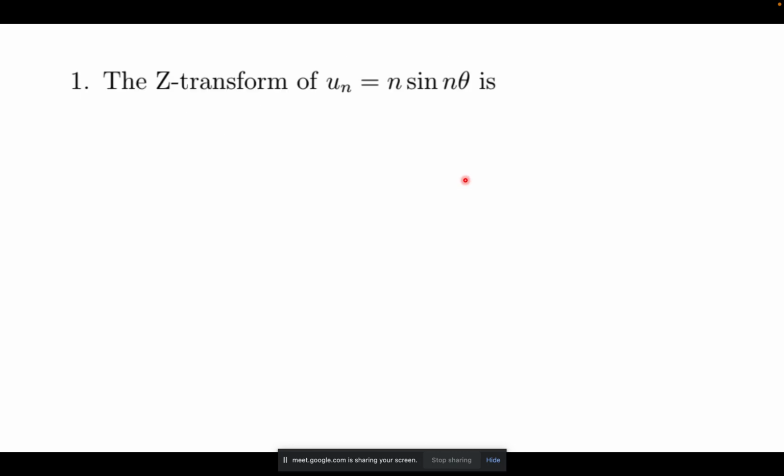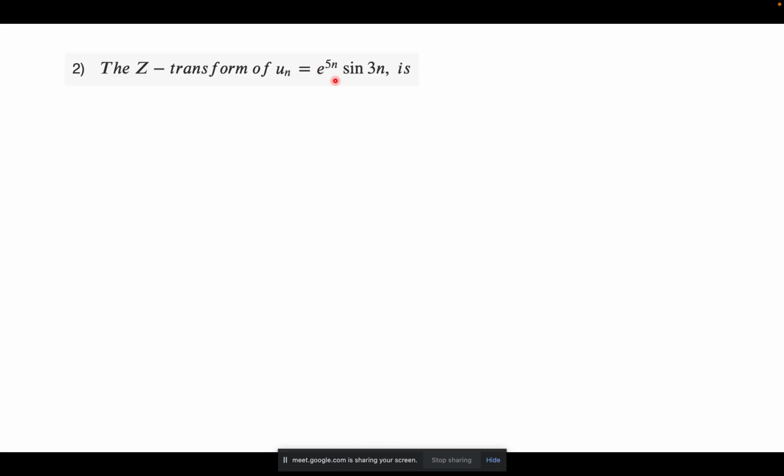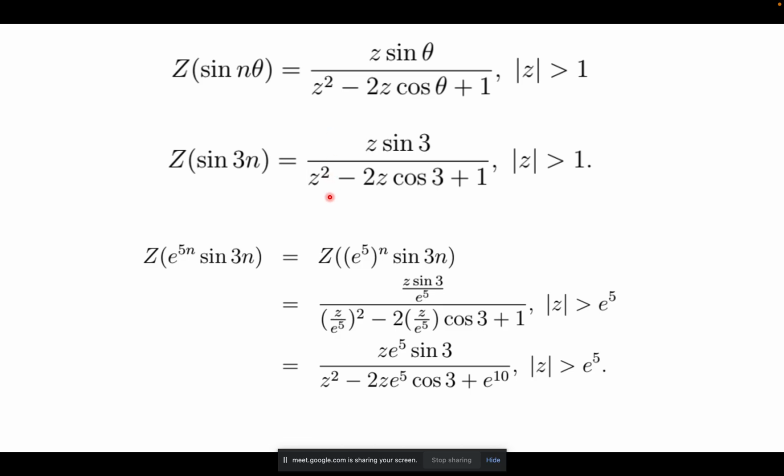So here in this question, if I take a equal to e^5, then this question completely satisfies the property that I can use in order to solve this problem. As I told you, now you have the z transform of sin 3n, and you need to find the z transform of e^(5n) times sin 3n.